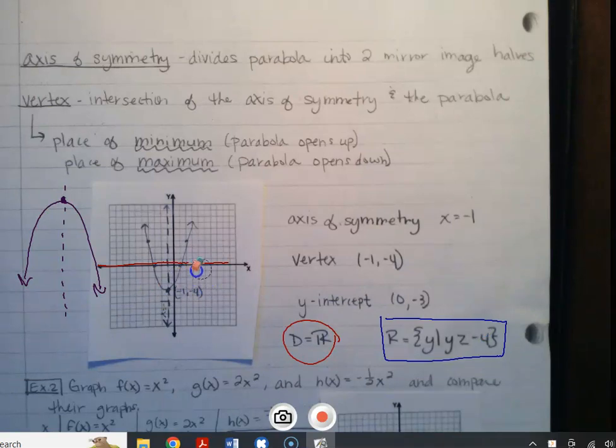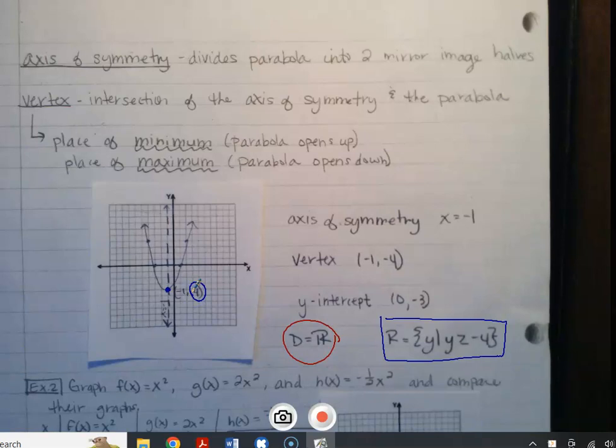Good call. But if we go back to this graph, I probably should have left that. So you said this vertex was our minimum, so all the numbers have to be above it. They all have to be greater than or equal to -4.